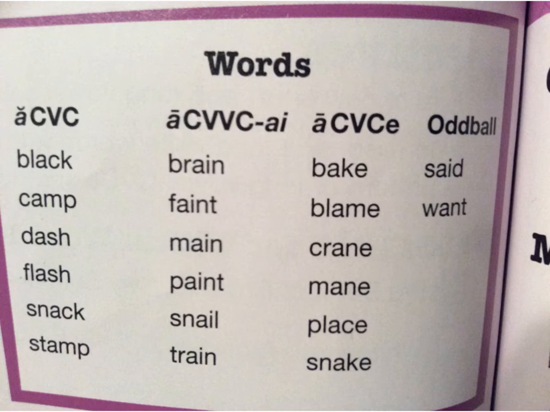All right, now that you have had a chance to do your sort, let's look at the answer key. So if you look, our first column was the short A with the consonant, vowel, consonant. So you should have black, camp, dash, flash, snack, stamp.